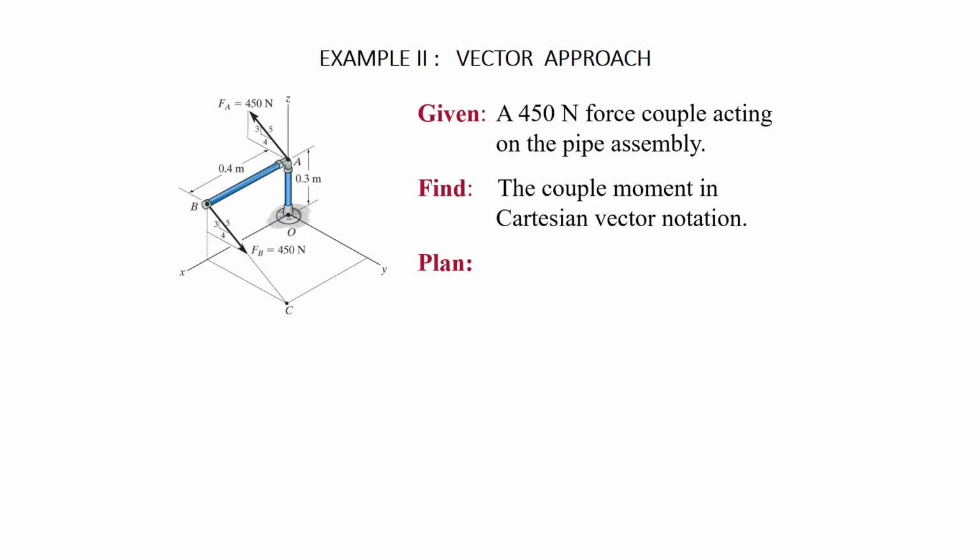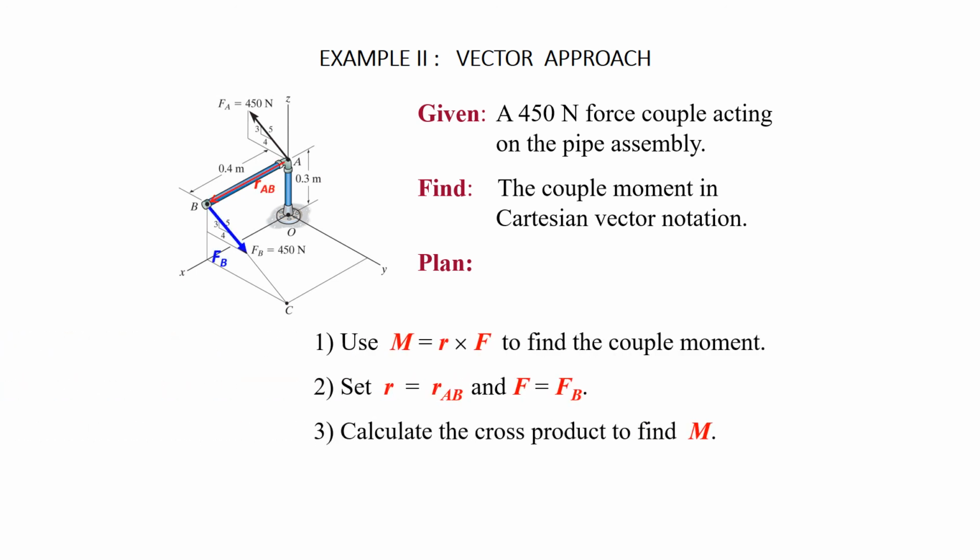Our next example involves a 450 Newton force that's being applied on the pipe assembly shown. And what we want to ask is, find the couple moment in Cartesian vector notation. Here we'll use the moment being defined by r cross F to find the couple moment.